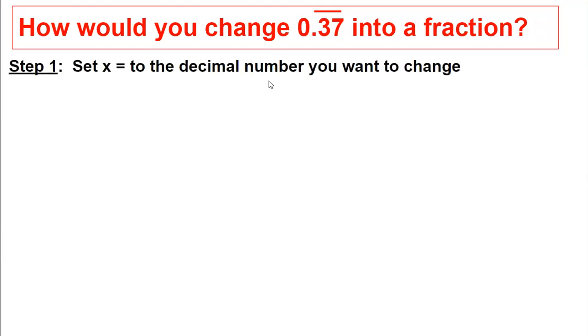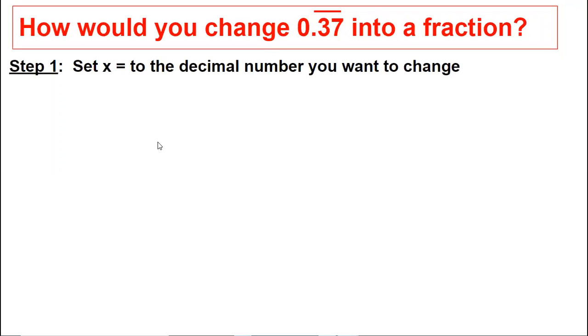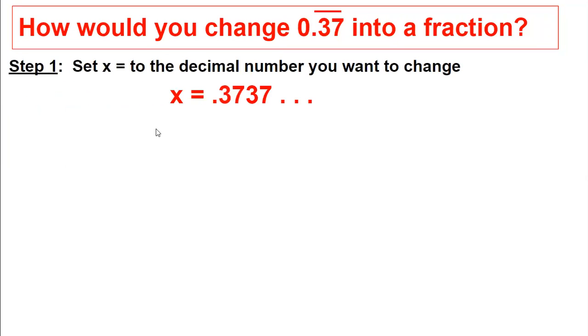Stay with me here. So step 1 is going to be set x equal to the decimal number you want to change. So we want to change 0.37 repeating. So we're going to say x equals 0.3737 dot, dot, dot, meaning that it would go on forever. So now we know what x equals.